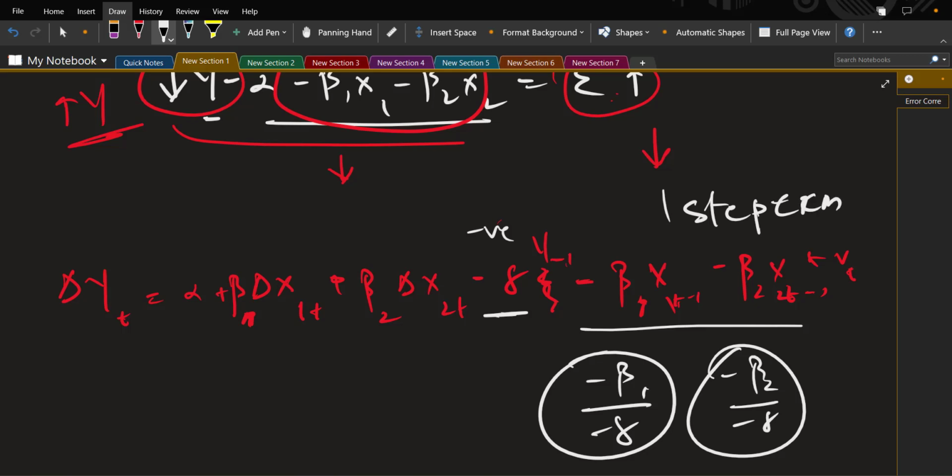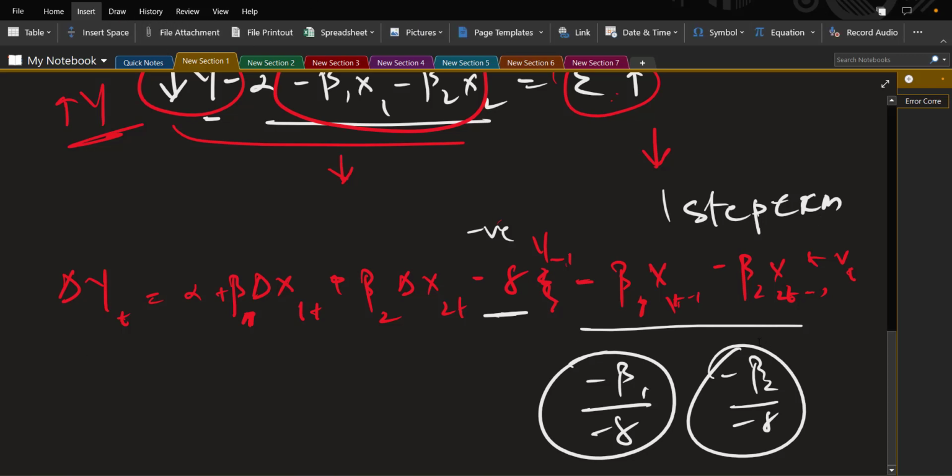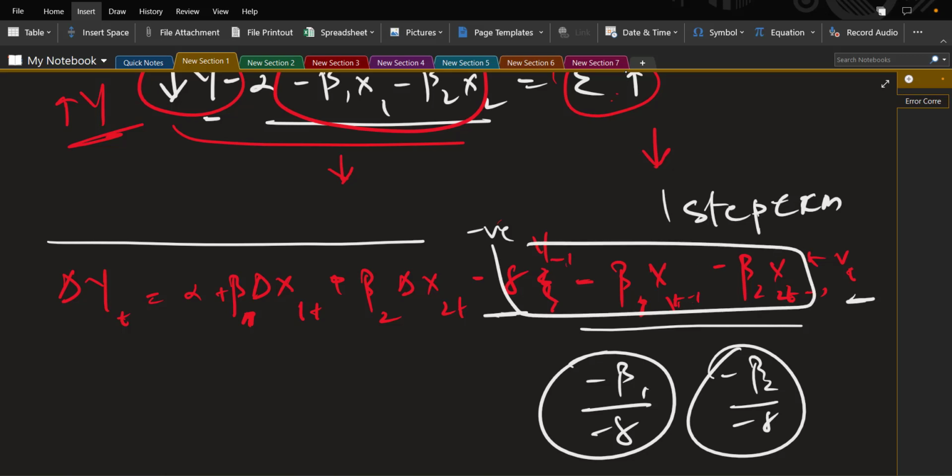The advantage of this model is that if you estimate the one-step equation, technically this error term will be stationary. These variables are already stationary because they are first differences, and this set of variables, even though they are non-stationary, are showing convergence.